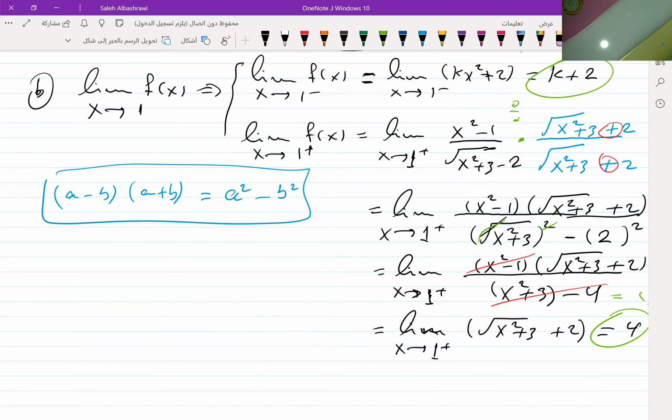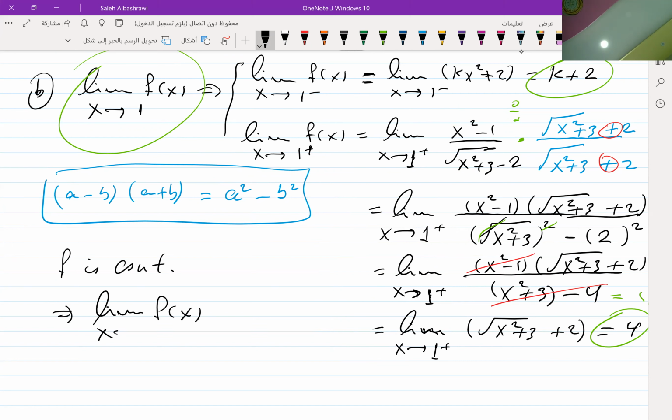Now the second condition, the limit must exist. We know that since the function f is continuous, the limit of f of x as x goes to 1 exists. And exist means the left limit and right limit must be equal.